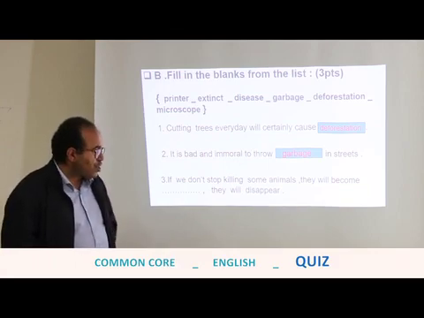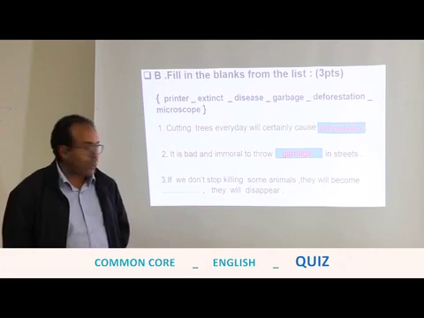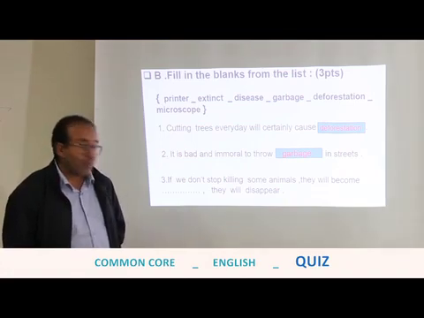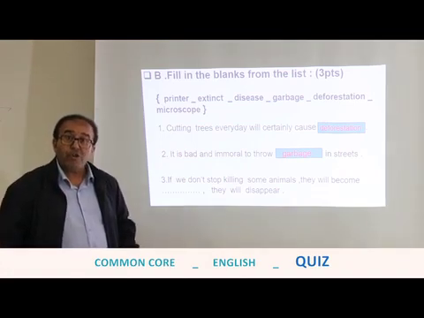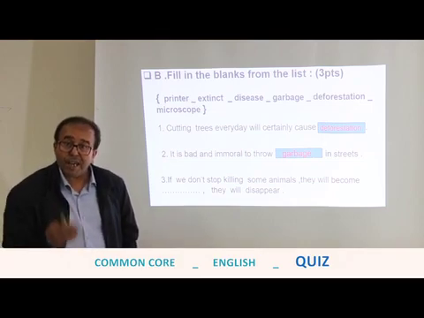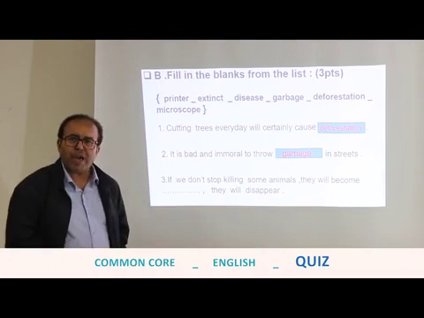If we don't stop killing, what is to kill? Is to slaughter, is to shoot. You use weapons and you kill some animals, they will become what? Will you see them grow more animals? If we kill this animal and this animal and this animal, what happens to animals?